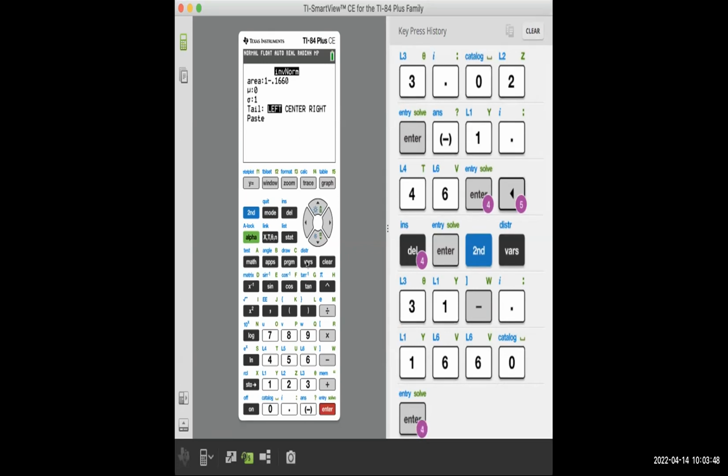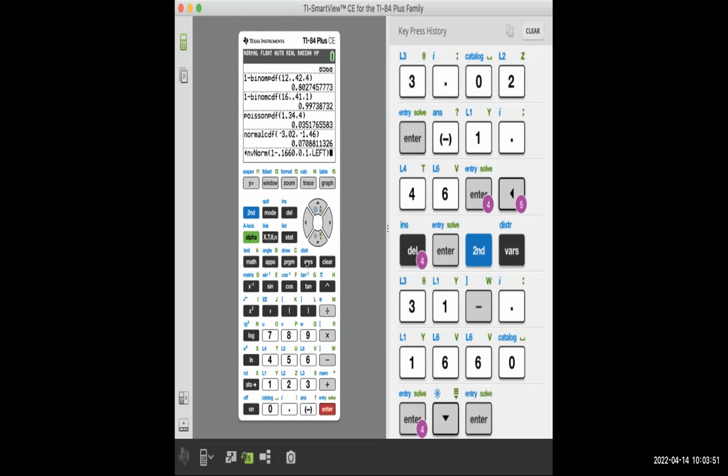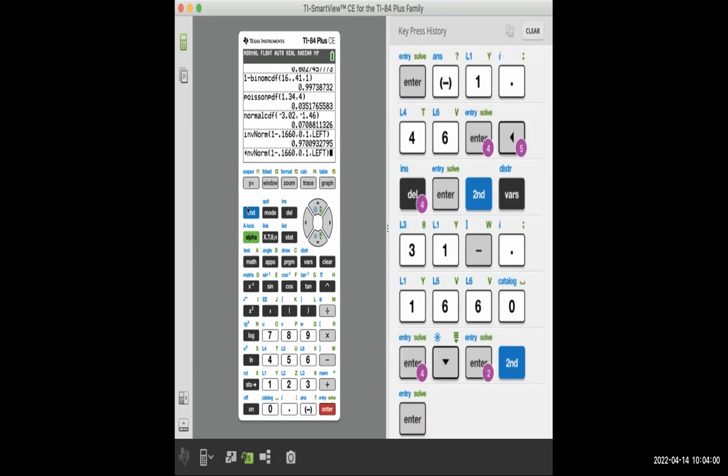Doesn't really matter. I could also just have said inverse norm of 1 minus 0.1160. Notice it gives me the exact same answer.